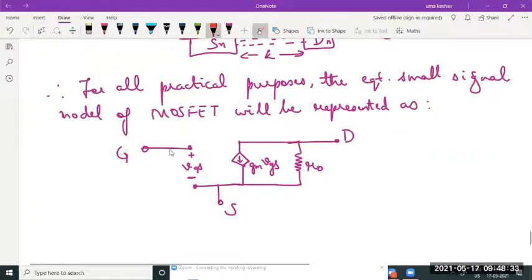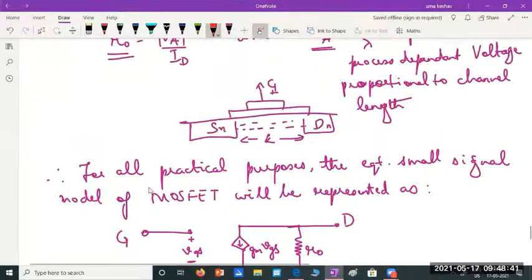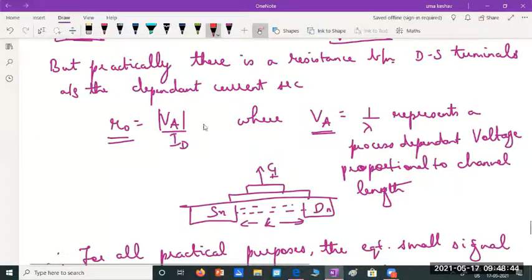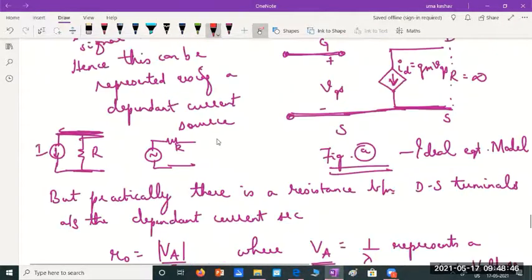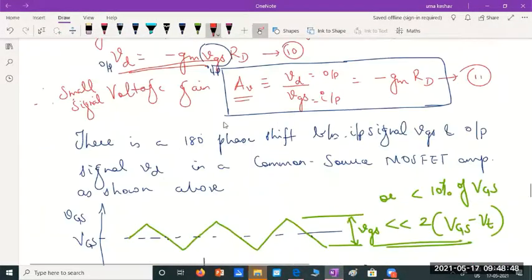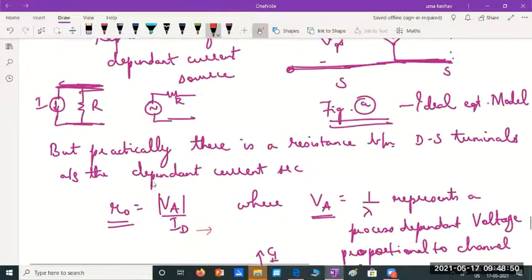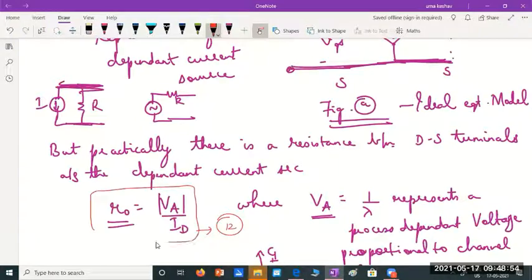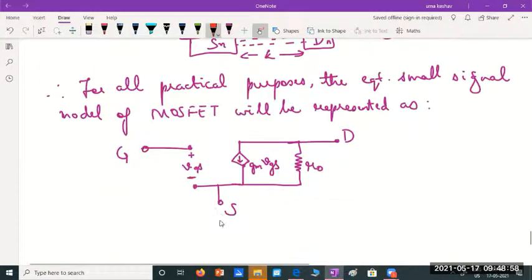So a non-ideal current source is included, which will have a current source in parallel with a resistance. And please remember the calculation of the value of this resistance. I think we had numbered the equation 12. Remember, this is another important equation which tells you what should be the value of this resistance R0.